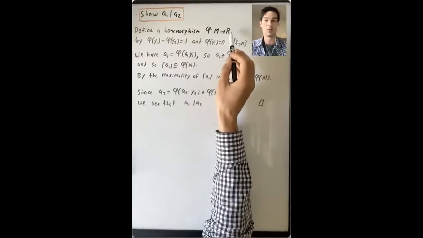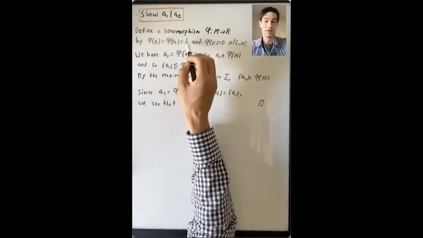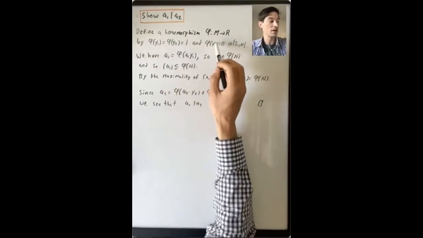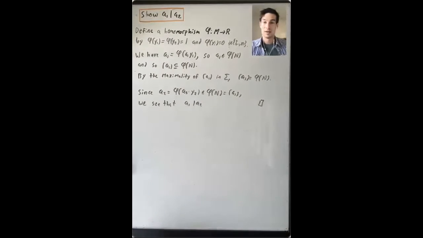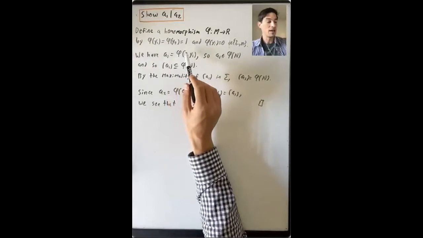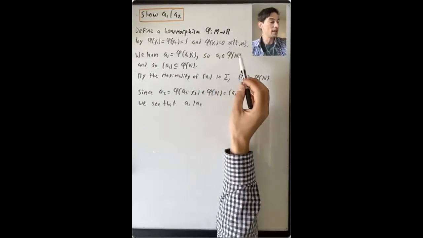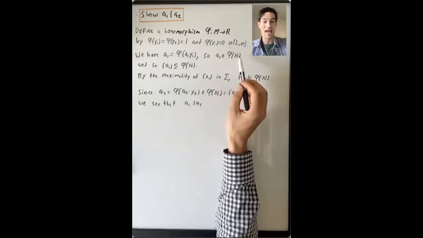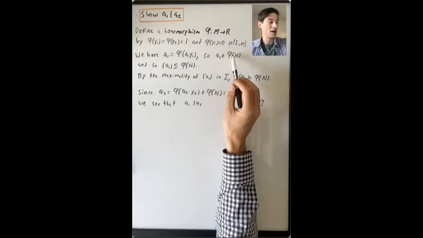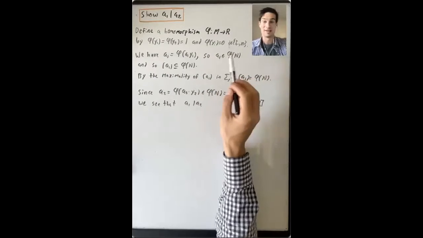We're going to find this homomorphism by saying that it sends y1 and y2 to 1 and sends each other yi to 0. So a1 is now equal to phi of a1y1. And a1y1 we know is in N. So a1 is in phi of N, the image of this homomorphism applied to N.